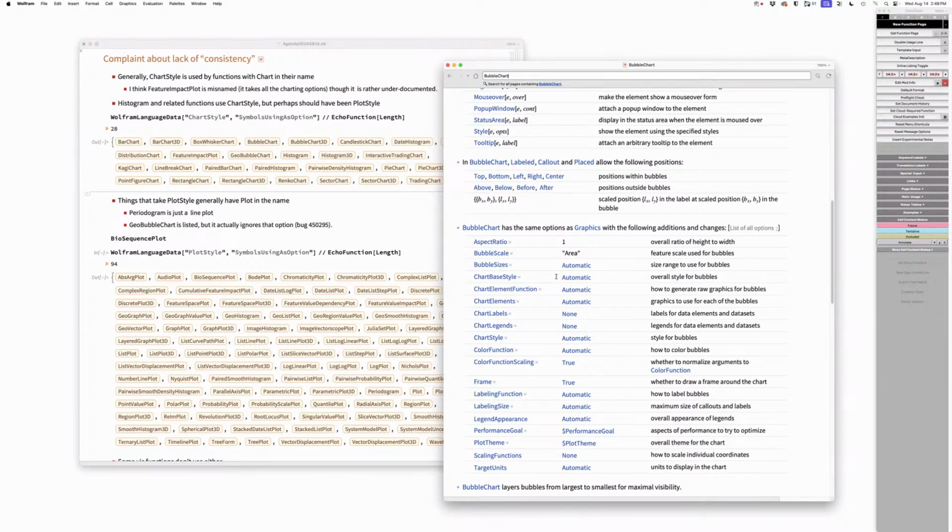I have a bubble chart. My bubble chart is very much like a list plot, except that I happen to have things of different sizes. And now I've got ChartStyle, but why isn't it PlotStyle? I mean, it could accept PlotStyle. We could make it accept PlotStyle. But then why is it ChartLegends and not PlotLegends?